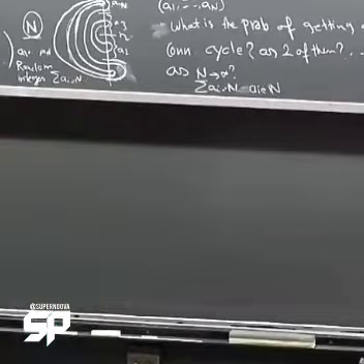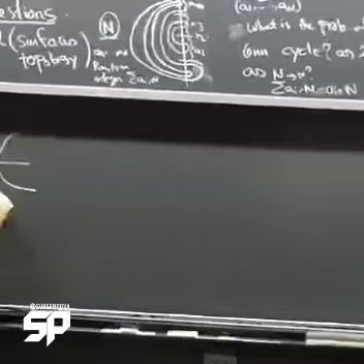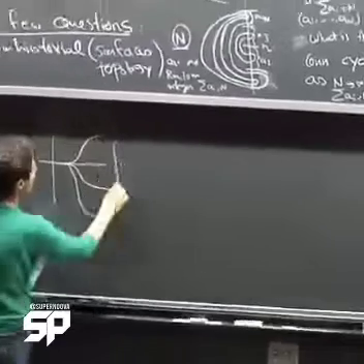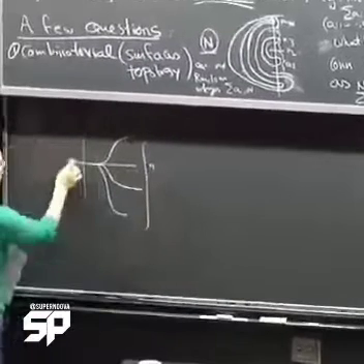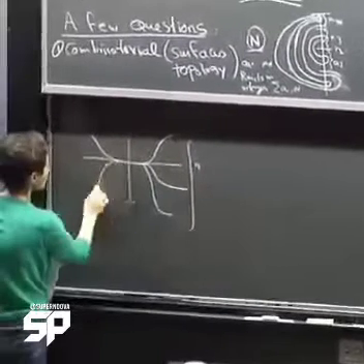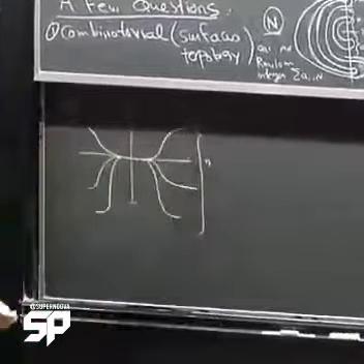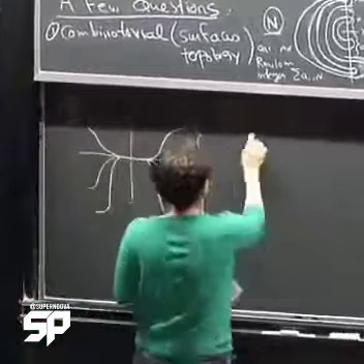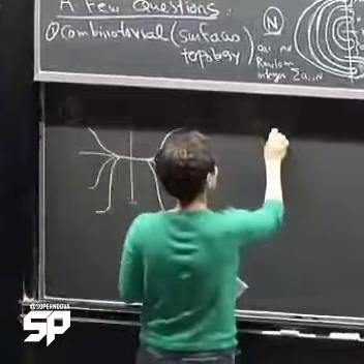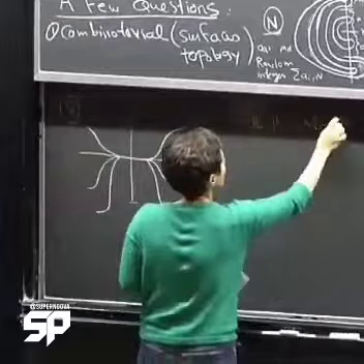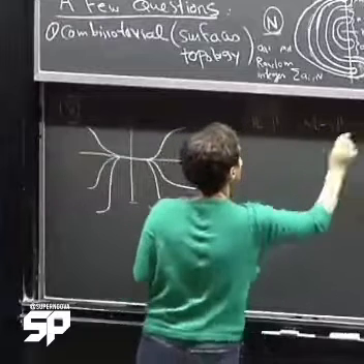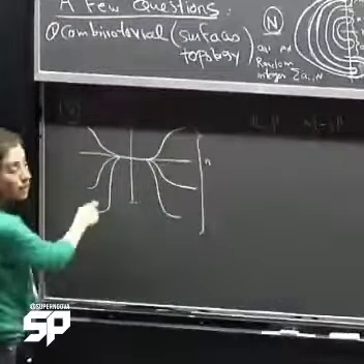We can start from a graph, and you can have n incoming edges and n outgoing edges. And then you can have a permutation to join the incoming and outgoing edges.